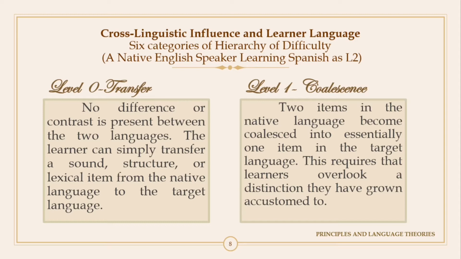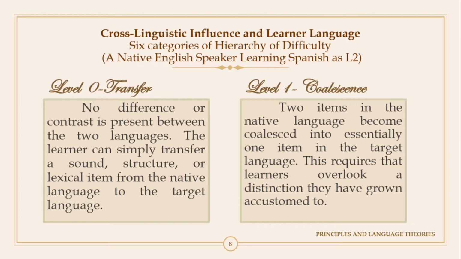For example, in level 0, English and Spanish have cardinal vowels, word order, or certain words like mortal, intelligente, art, and Americano. As you observe, we are familiar with these words. Even the vowels are no different in the Spanish language, which is the target language.